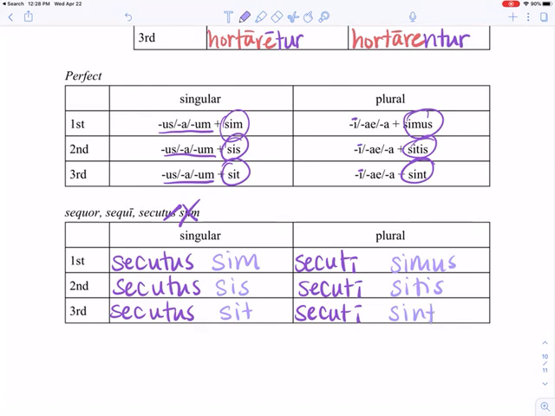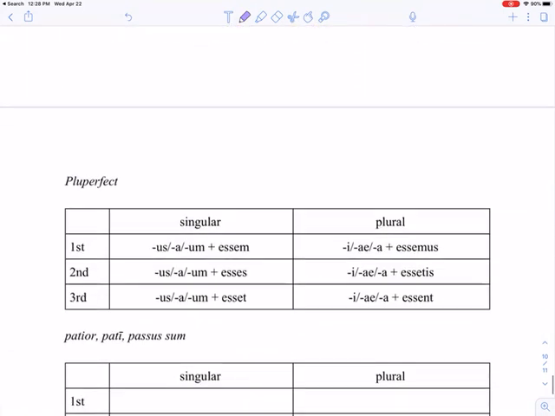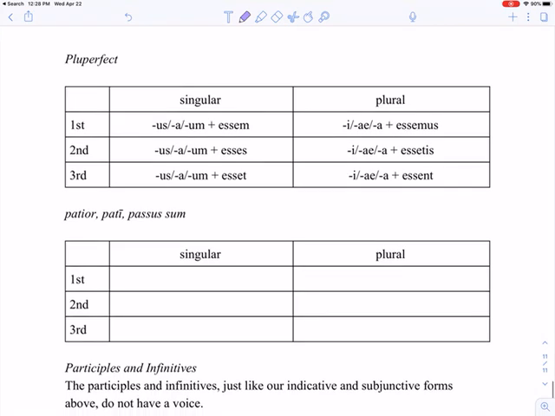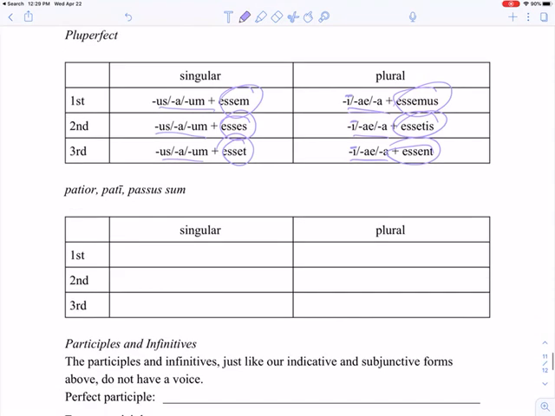Okay? All right, last one. Yay! Okay, so again, we've got our fourth principal part endings, and then our forms of sum. And these are the imperfect subjunctive forms of sum. So again, I'm going to take passa sum. I'm not going to use sum.